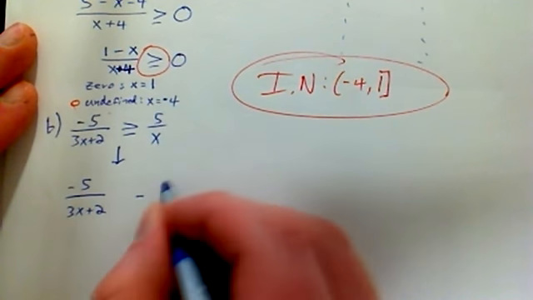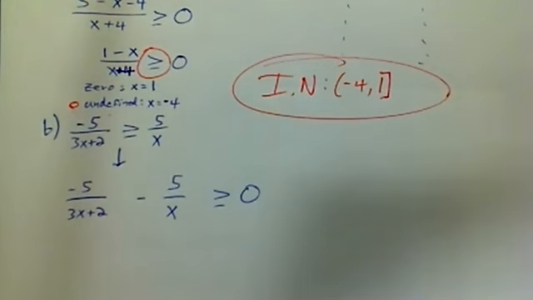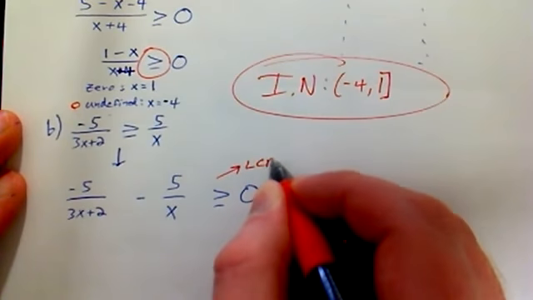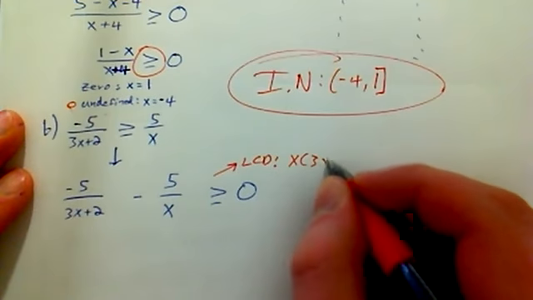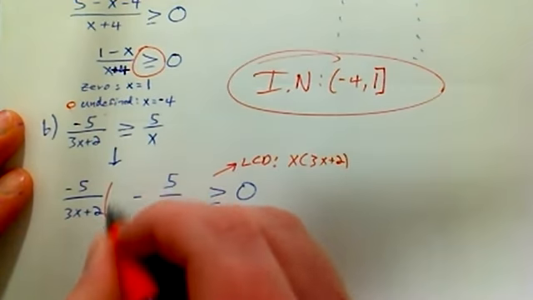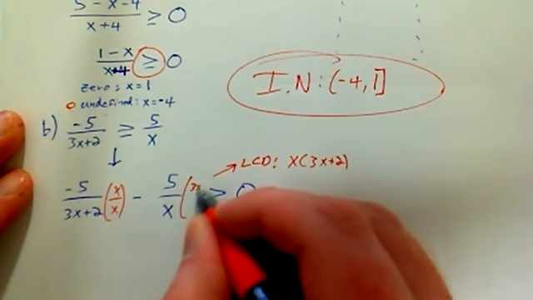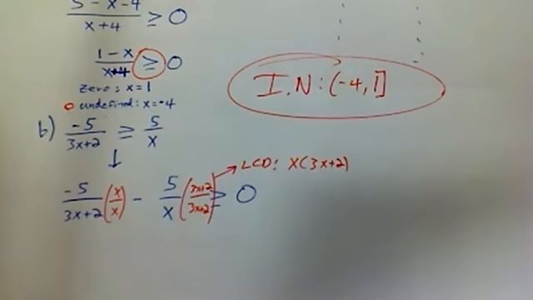Minus 5 over x is greater than or equal to 0. And then I'm going to try to find an LCD so I can combine it into a single fraction. LCD is x times 3x plus 2. So here I need an x over an x. And here I need a 3x plus 2 over 3x plus 2.